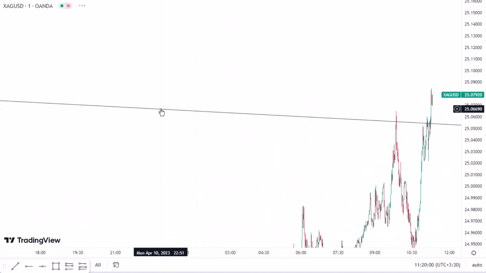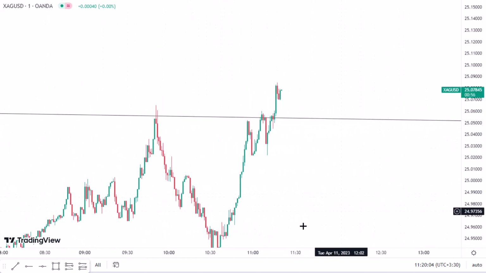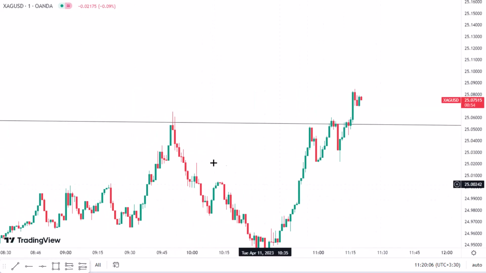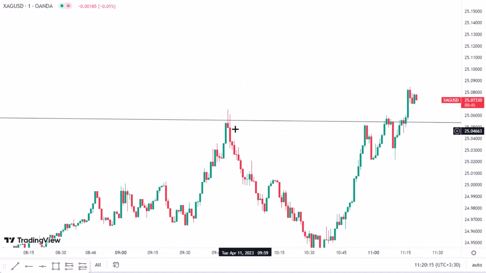Okay, this was a trend line in the bigger time frame, and it is a 1 minute time frame. You can see the pin bar there. We can enter a sell position there and set our stop loss above the candle, and it of course gives us our risk to reward too.